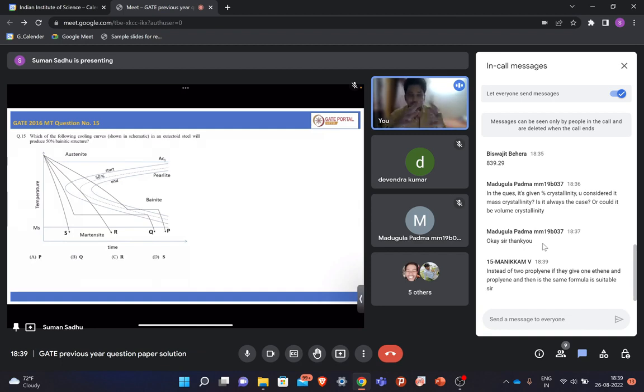It is the same polypropylene, but some part is crystalline and some part is amorphous. But in case of polypropylene and one ethene, then you will have a different density of the sample itself. Then rho s will be different depending on this. So in that case, you have to just consider the average density kind of thing.